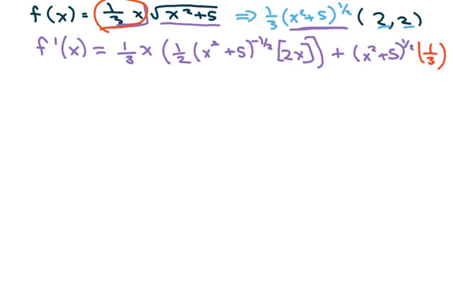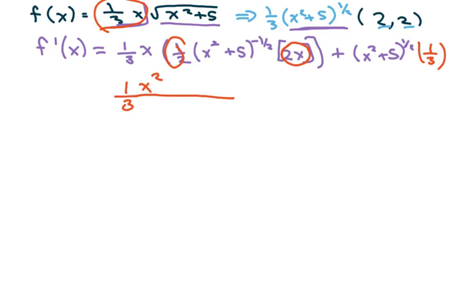Alright, now cleaning all this up, we're going to get, let's see, this part here is going to be, these two cancel. If you multiply these two, you're just going to get x. So we're going to get 1/3, and we have an x squared.